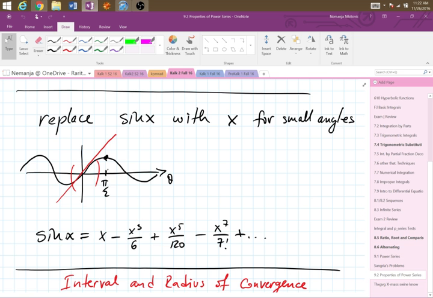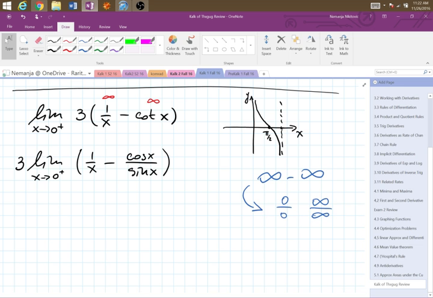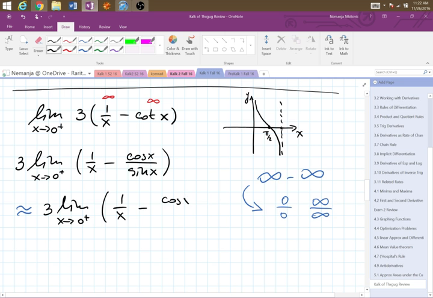So this is the reason why I can say that this is approximately 3 times the limit as x goes to 0 plus of 1 over x minus cosine x over x, which gives me what I need.